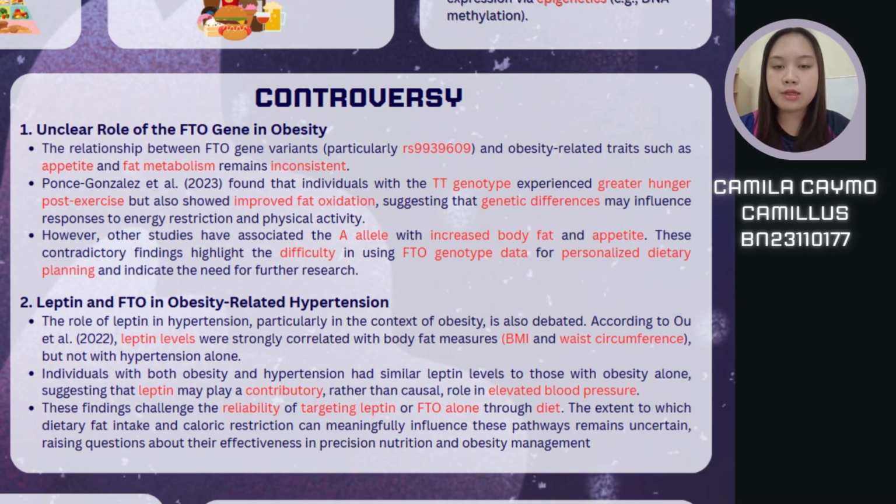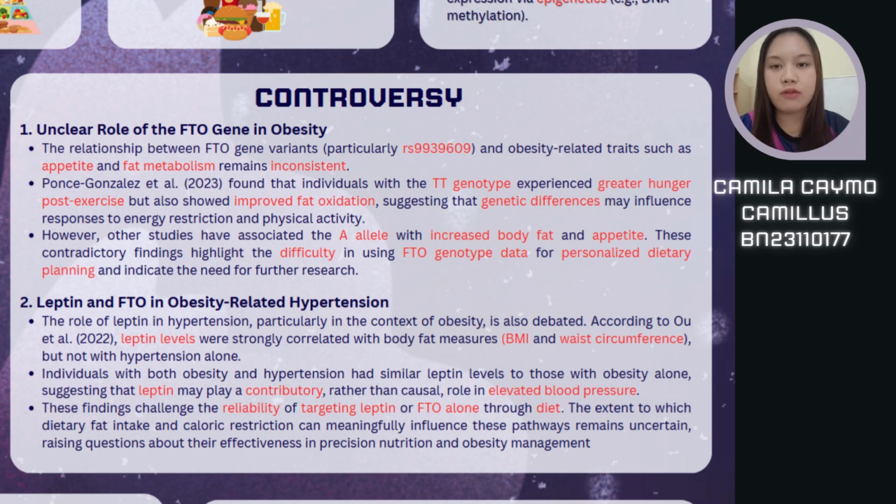Now, let's move on to the controversy related to this topic. First, the unclear role of the FTO gene. The FTO gene has been linked to traits like appetite and fat metabolism. A study by Ponce Gonzalez found that people with the TT genotype felt hungrier after exercise but also burned fat more efficiently.